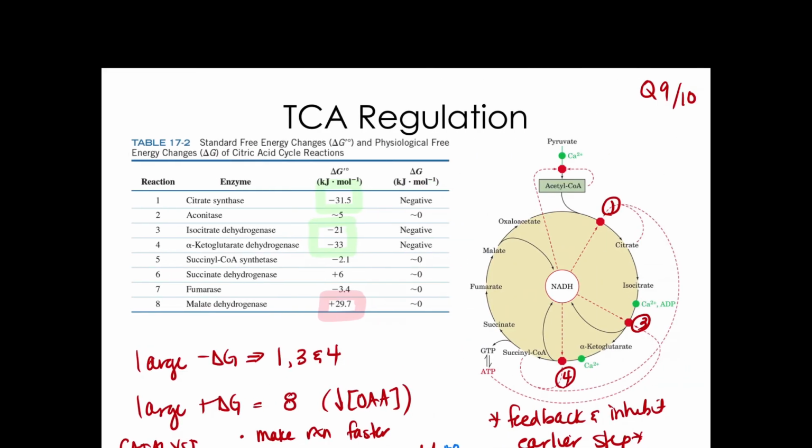We also took a look here, and there was a homework question relating to how we think about regulating the citric acid cycle enzymes themselves, so those 8 enzymes. We went through and used the same philosophy that we've talked about before, with key regulation points being reactions that are far from equilibrium.